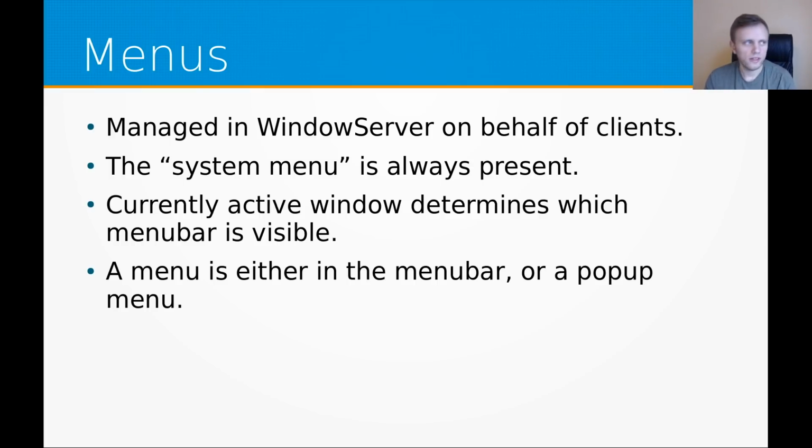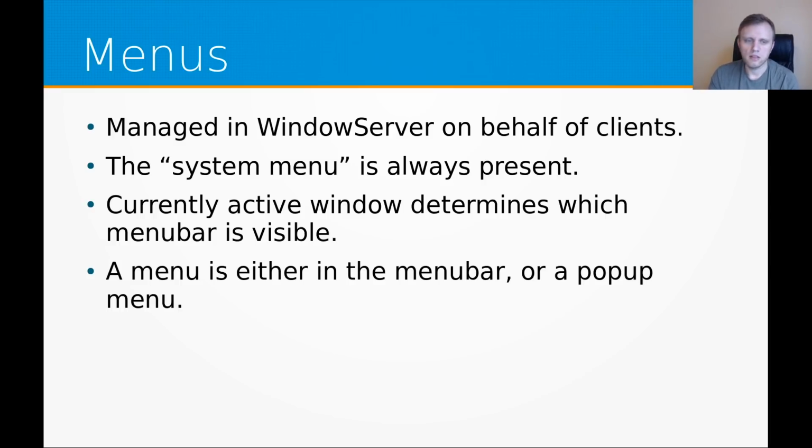And whenever any window from that process is active, then that process's menus will also be visible. So it works very much like on the Mac: if any window from the terminal app is active, then the terminal app's menu bar is what you see at the top of the screen, even if the terminal settings is up.